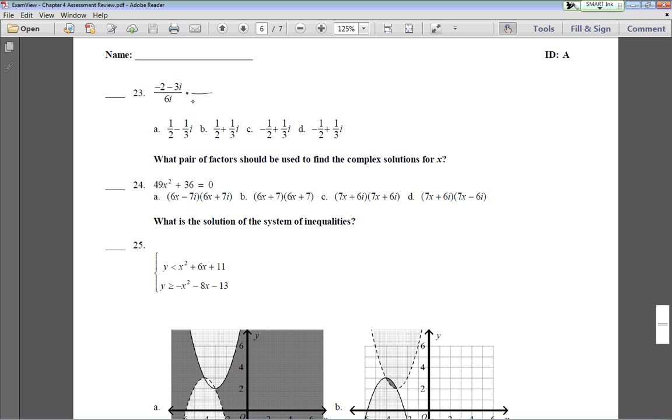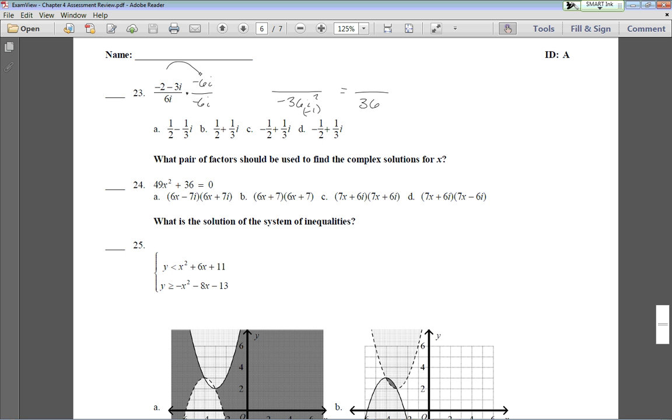So this is a positive 6i, we're going to get negative 6i. And we're going to multiply the top and bottom by negative 6i. The bottom is simply going to come out to positive 36, because negative 6i times 6i is negative 36i squared, which, remember, is negative 1. So this is going to be a positive 36.